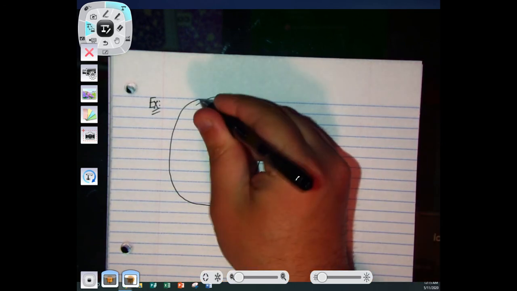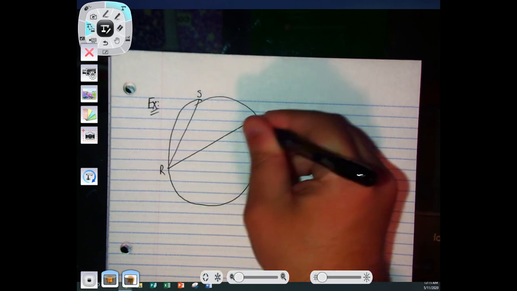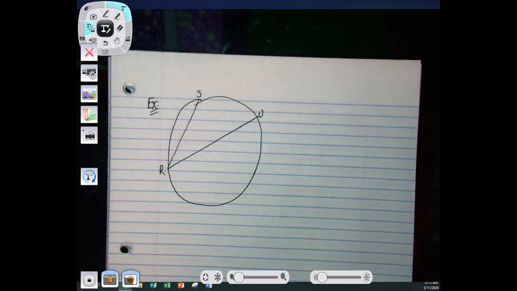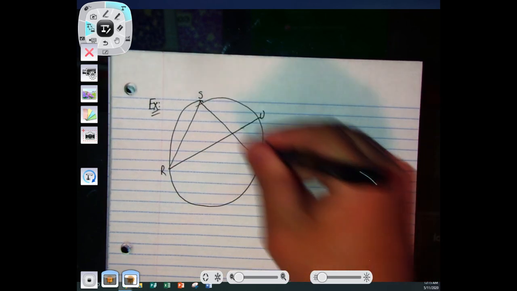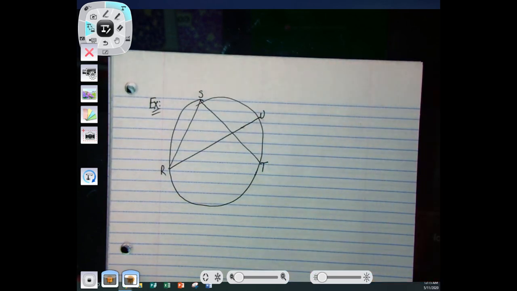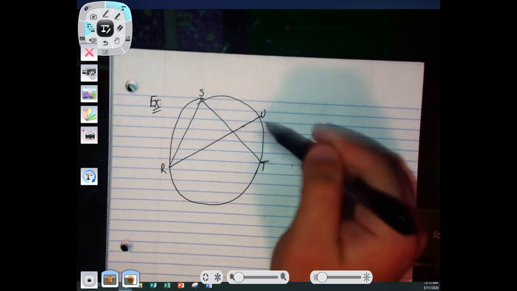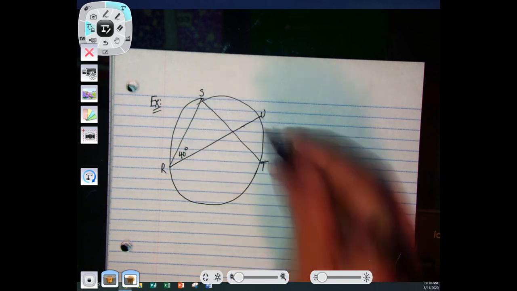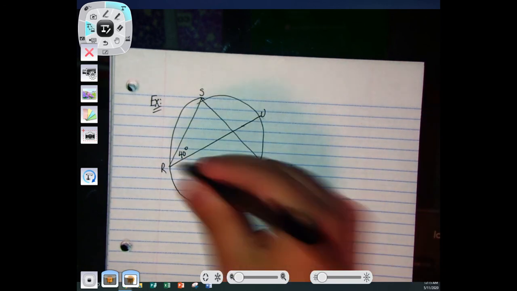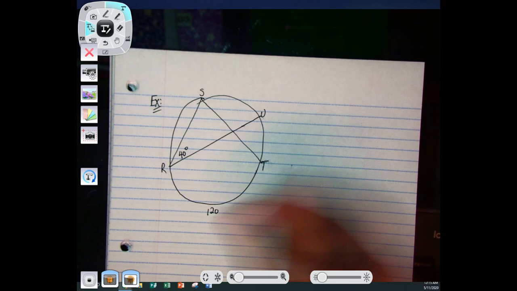So in this example, they could give you a picture of a circle, and they might give you, let's see, this is SR, this is RU, and then they give you ST, okay? And they tell you that the measure of angle SRU is 40 degrees, and they tell you that the measure of arc RT is 120 degrees.